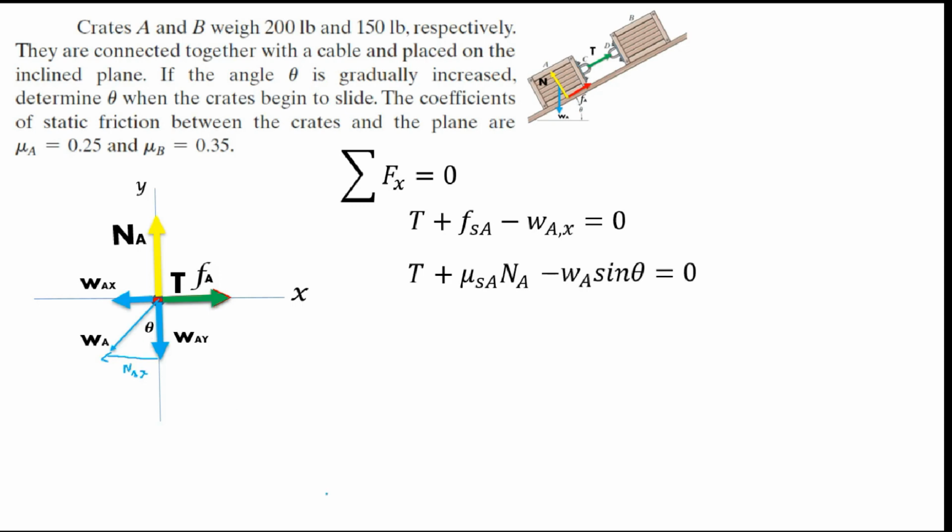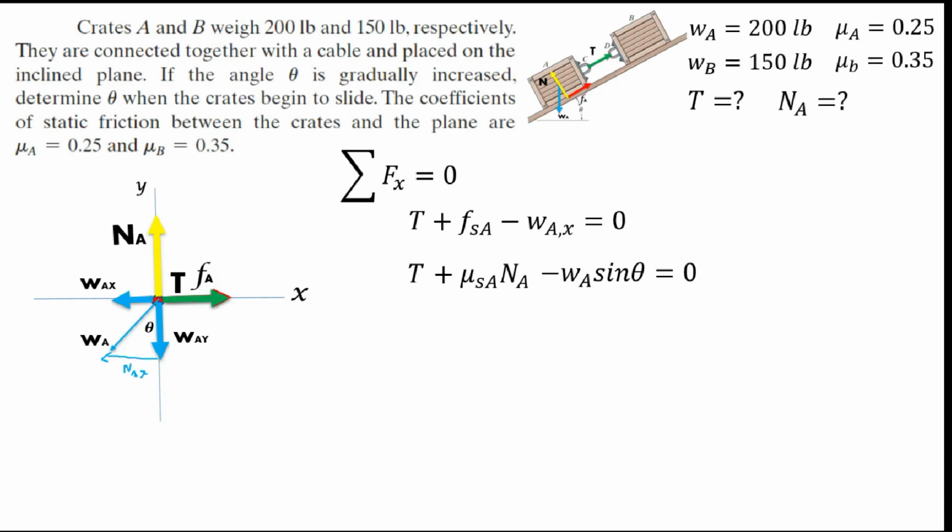So that is minus WA sine theta, which is equal to 0. If we analyze the equation, to see if we can solve anything, let's identify the givens. We have weight A, we have weight B, we have mu A, we have mu B. We don't know what is tension, we don't know what is NA, and we don't know what is the angle. So there are 3 unknowns in this equation, which are tension, the normal force, and the angle. Therefore we cannot solve here.